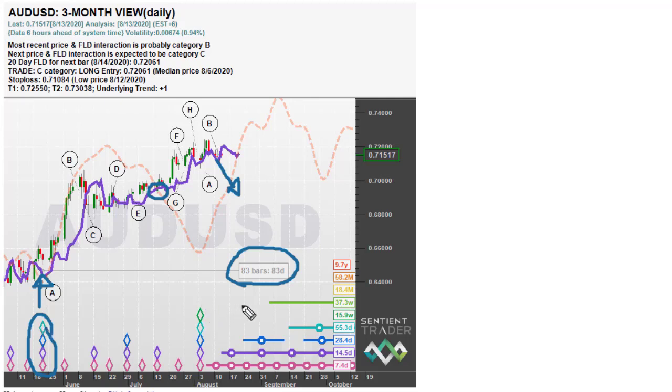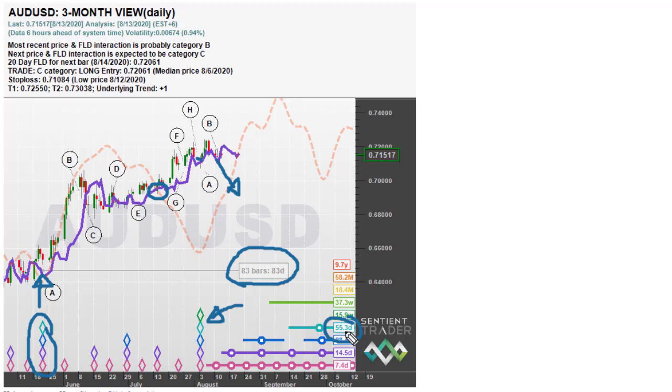So this 20-week cycle trough was definitely overdue at this point, and that is why Sentient Trader has positioned it over here. You can see the recent average wavelength of the 80-day cycle has been 55 days, I should say.